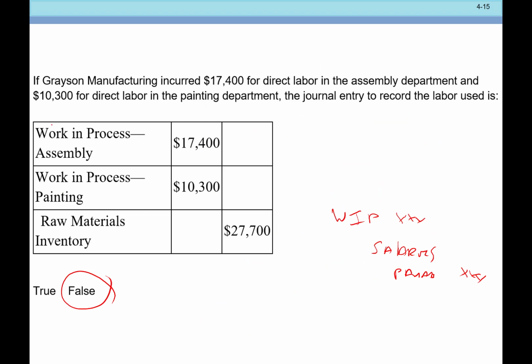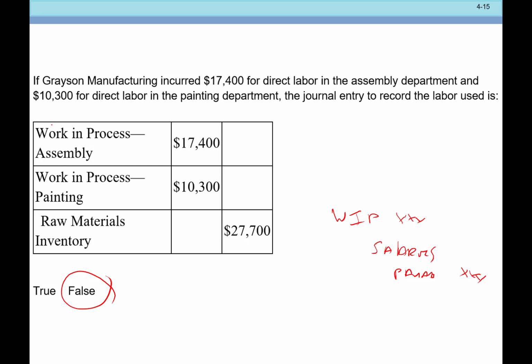If Grayson Manufacturer incurred 17,400 of direct labor in the assembly department and 10,300 for direct labor in the painting department, the journal entry to record the labor used is, and this is a true or false, would we debit work in process assembly, work in process painting, and credit raw materials?